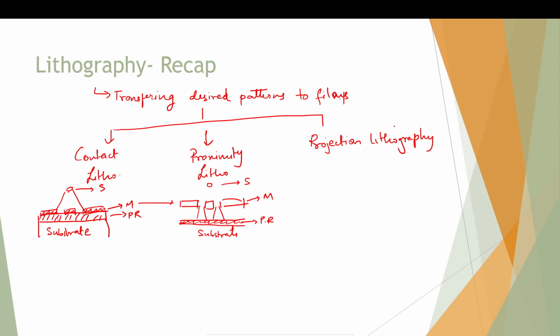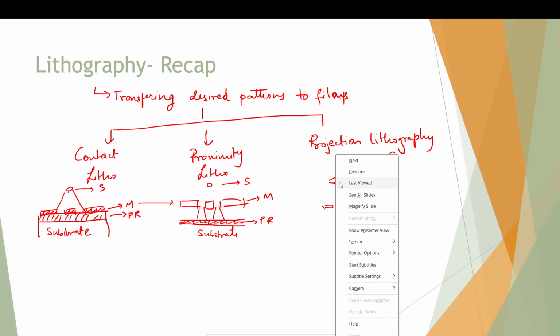And the third one is projection lithography. Again the same concept. We have a source, but now the mask is placed after there is some lens. Then we have a mask here, some pattern. Then from the source the light will come, it will diffract obviously.